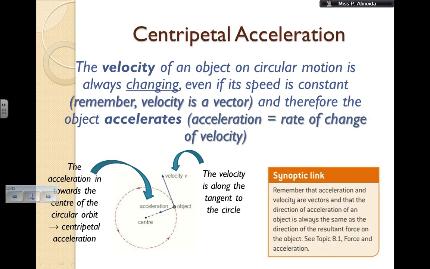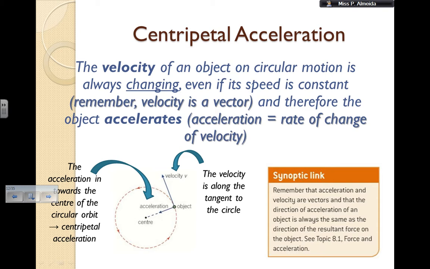So centripetal acceleration. First of all, remember that we are talking about a motion that is not linear, so there is a curve. The velocity of an object in circular motion is always changing, even if the speed is the same, because velocity is a vector. If you're going on a circular or curved path, your vector is changing. You are changing direction, even if the speed is the same.